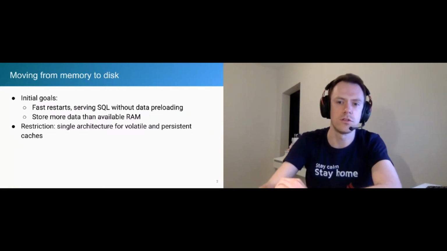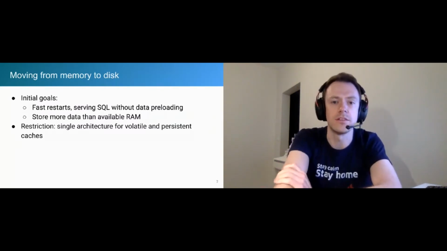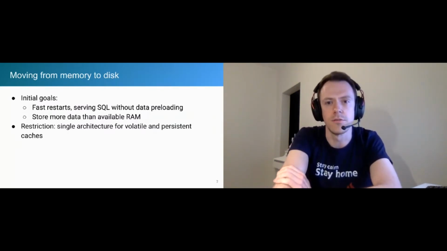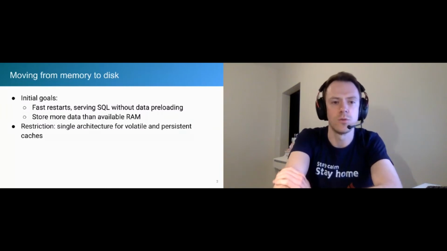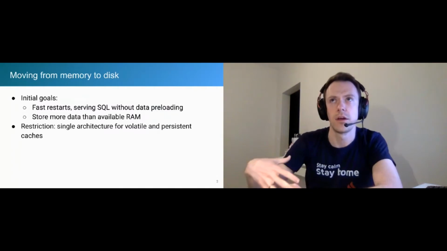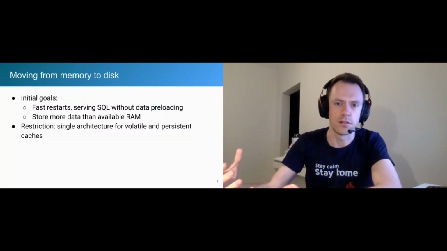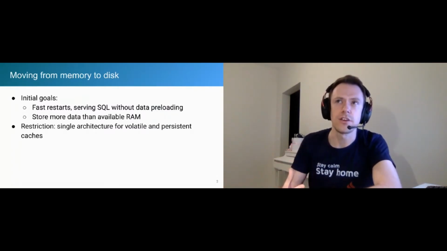So we decided to take a step further and introduce a feature that would allow at least two things. First, to have fast restarts and serve SQL queries as fast as possible after the restart. In this architecture, you would not need to preload all the data.